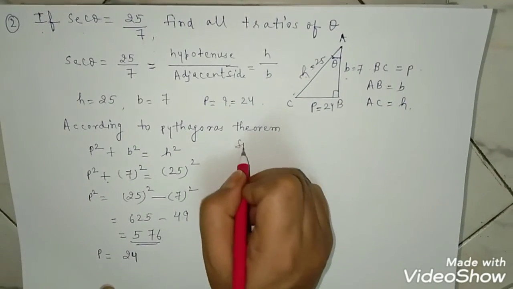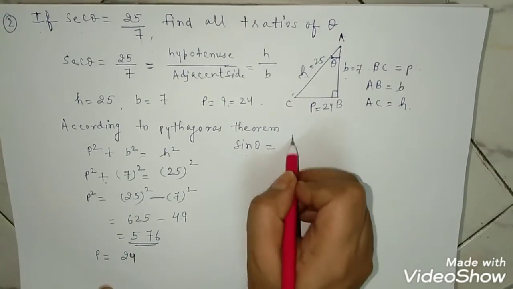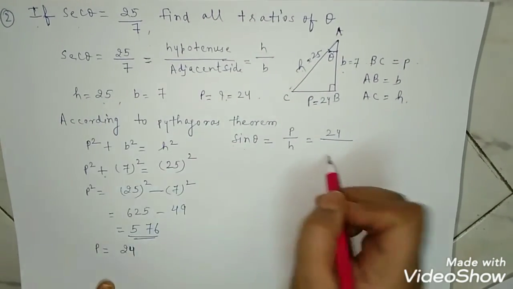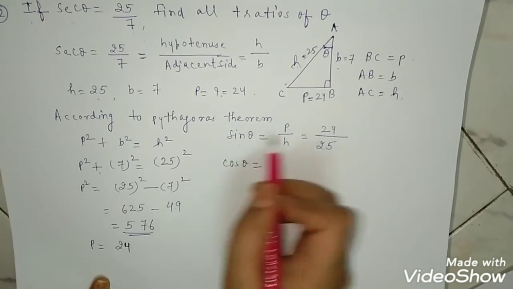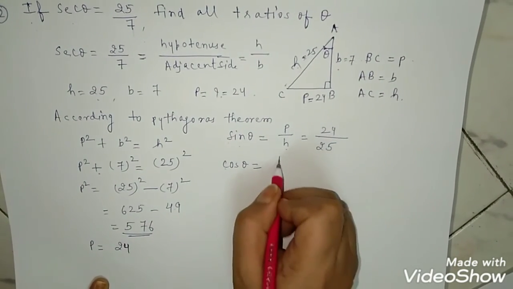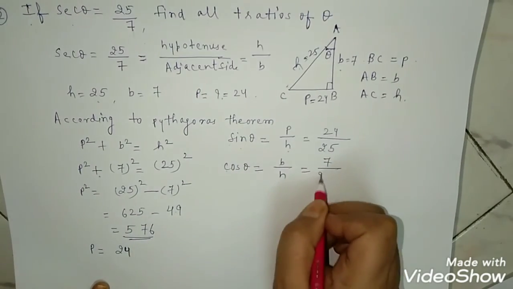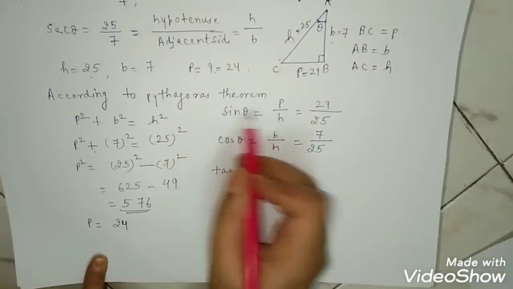So now we will find the other T ratios. Sin theta. Some people have, P by H, P is 24, H is 25. Cos theta. Some people have curly brown hair, B by H, 7 by 25. Tan theta.